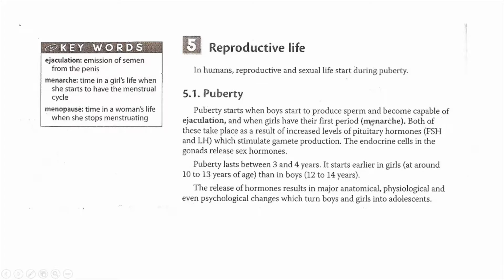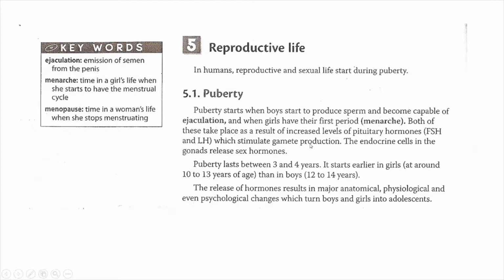We call this menarche. Both of them, the first ejaculation and the menarche, will start when the levels of hormones produced in the pituitary gland reach a specific level. Which are those hormones? The follicle stimulating hormone and the luteinizing hormone. They are going to make the gonads produce the gametes.